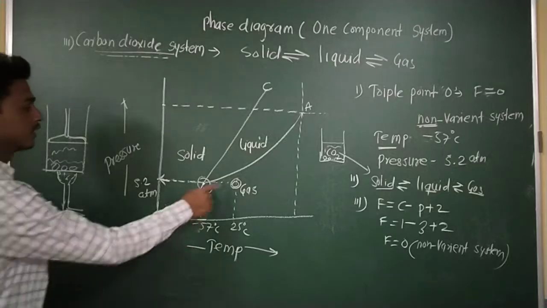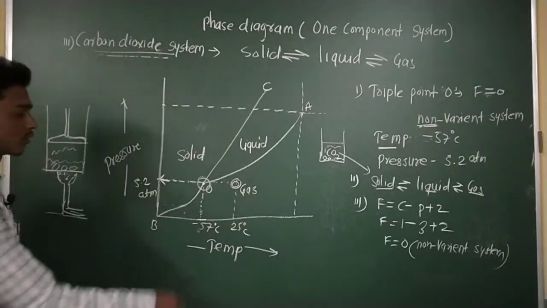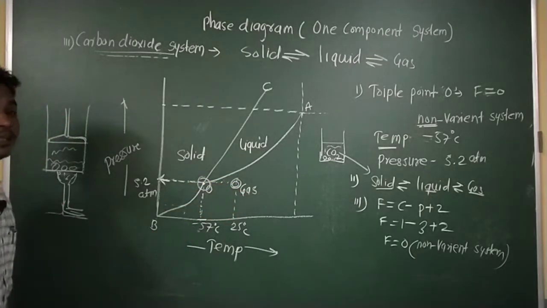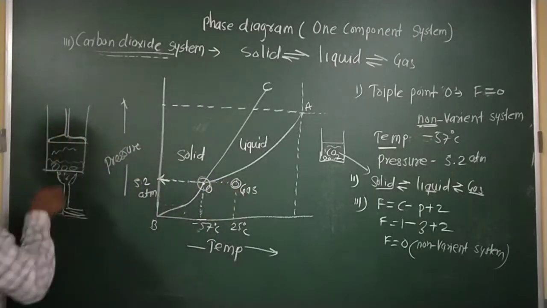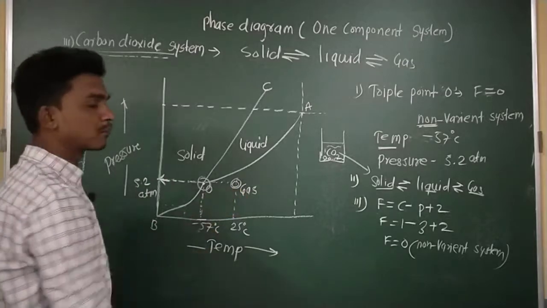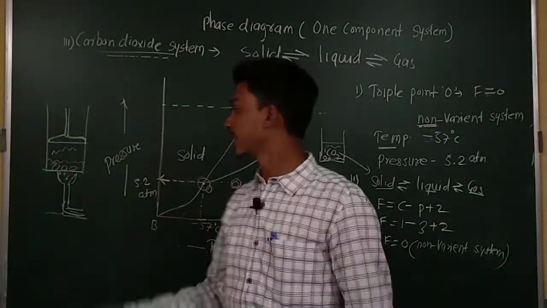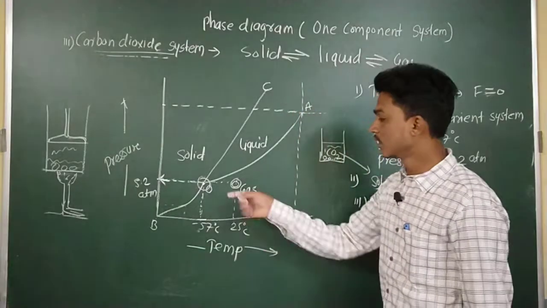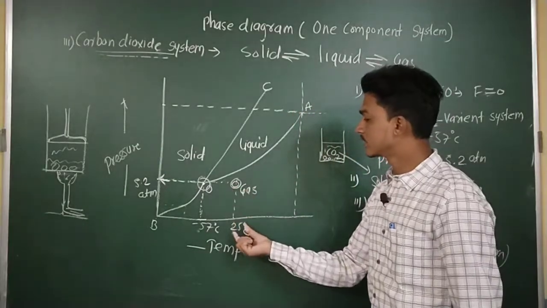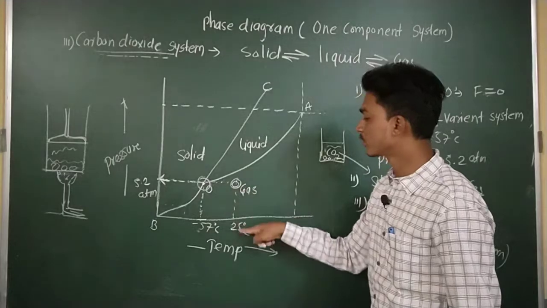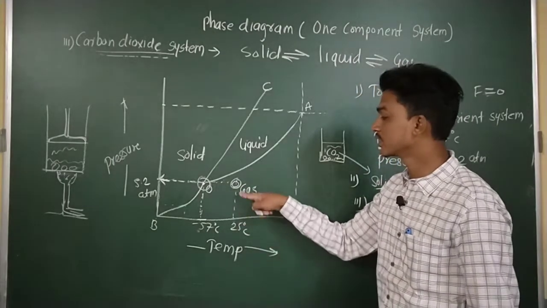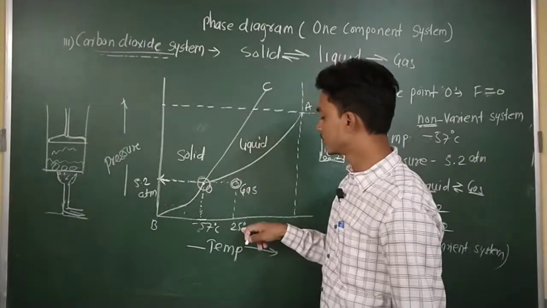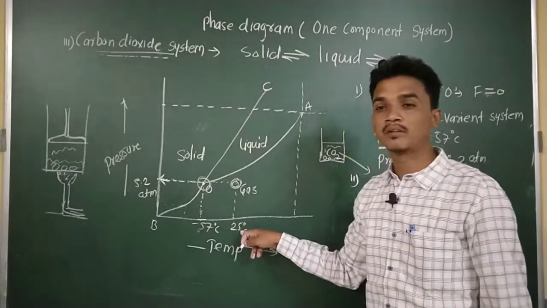This type of information is theoretical, and practically the same thing happens in the system when I keep the pressure constant and increase the temperature. The pressure is constant, but the temperature is increasing, up to 25 degrees Celsius.